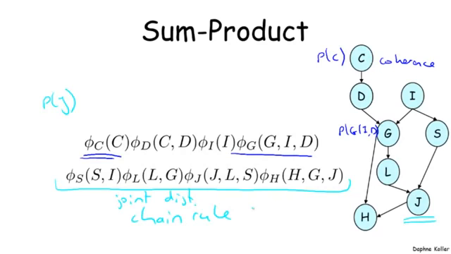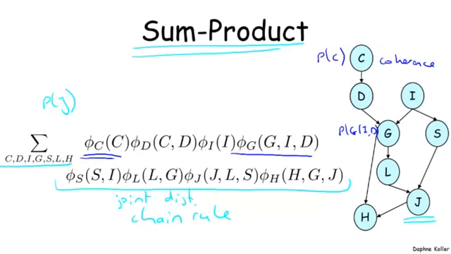In order to compute P of J, what we need to do is only to eliminate or marginalize out all of the variables except for J. And so we end up with a summation that looks like this. Which is why this problem of inference, conditional probability inference, is often called sum product, because we have a sum over a product of factors.